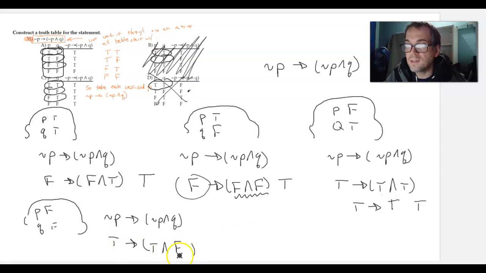So now to process this, parentheses first. It's an and statement I'm focusing on. And ands are only true when both parts are true. Otherwise they're false. So this whole thing ends up being false. So that gives me T implies F. And that's the only time conditional statements are marked as false, when the first part's true and the second part's false. So overall, this is going to be false. So this is wrong. And it ends up being choice A.